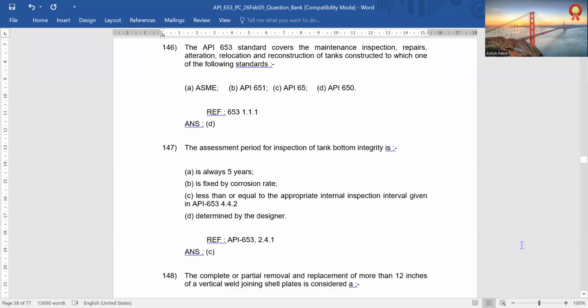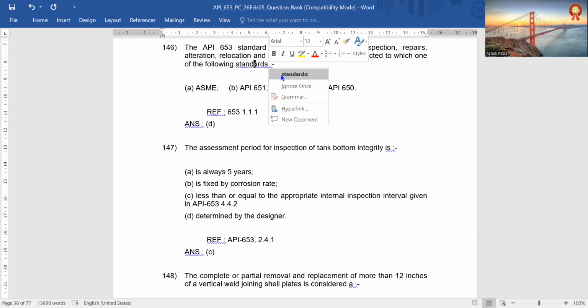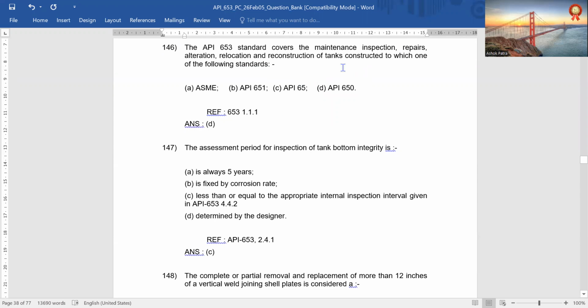The API 653 standard covers the maintenance, inspection, repairs, alteration, relocation, and reconstruction of tanks constructed to which of the following standards? API 650. The assessment period for inspection of tank bottom integrity is less than or equal to the appropriate internal inspection interval given in API 653.